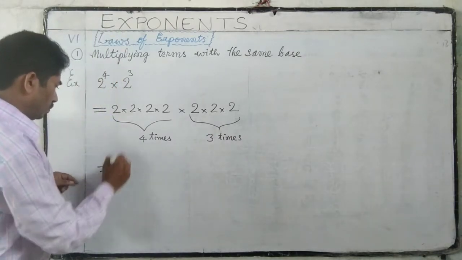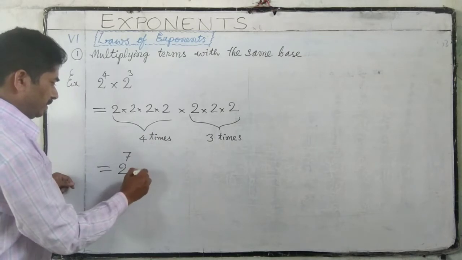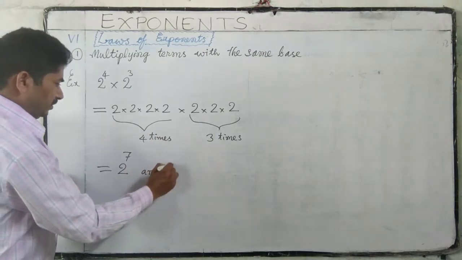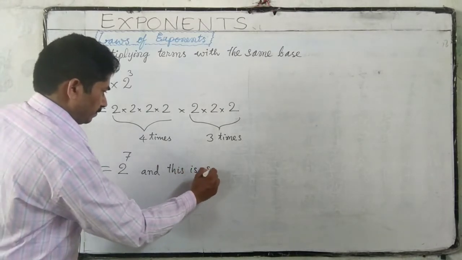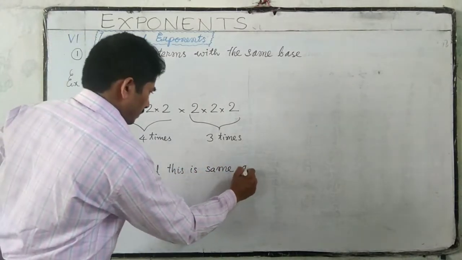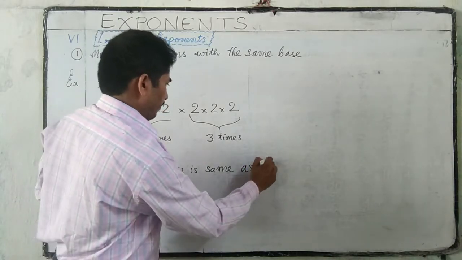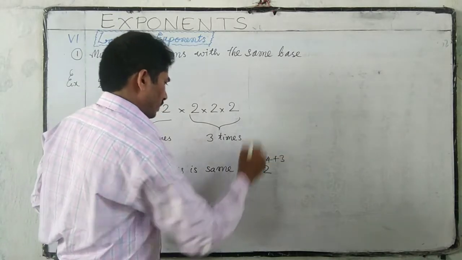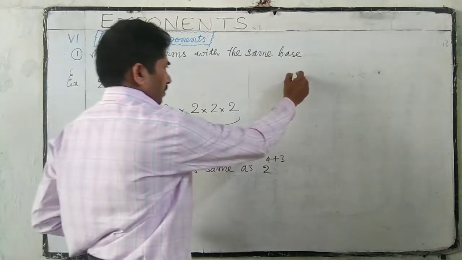That is equal to 2 to the power of 4 plus 3, which is 2 to the power of 7. And this is the same as 2 to the power of 4 plus 3. Basing on this, we can write one more directly.